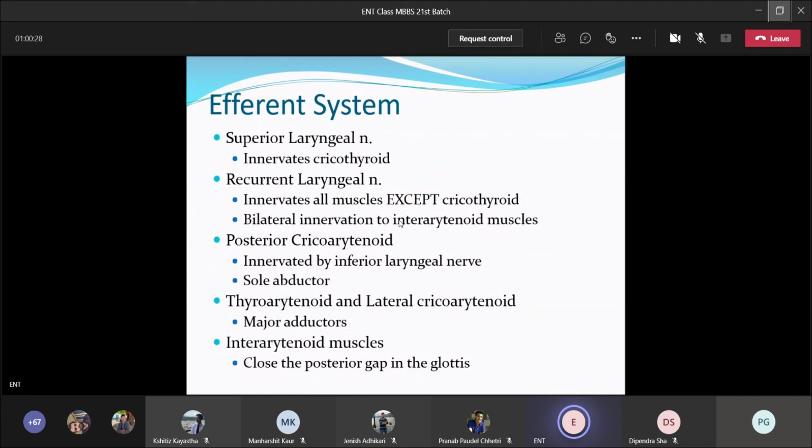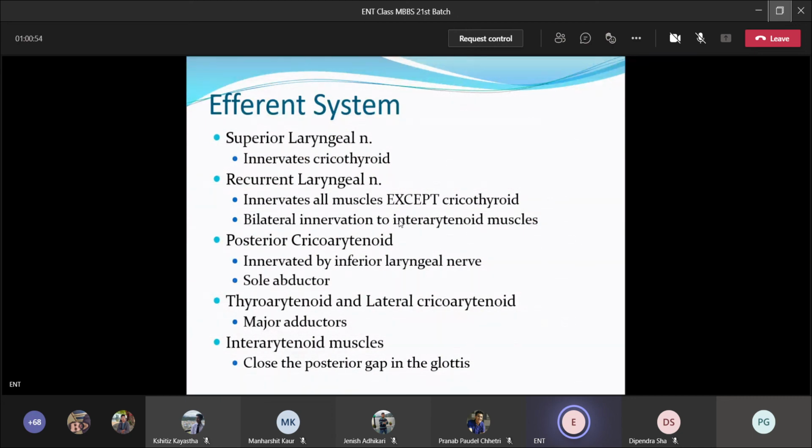The efferent system: the superior laryngeal nerve innervates the cricothyroid. The recurrent laryngeal nerve innervates all muscles except the cricothyroid. There is bilateral innervation to the interarytenoid muscles, and the posterior cricoarytenoids, innervated by the inferior laryngeal nerve, are the sole abductor.